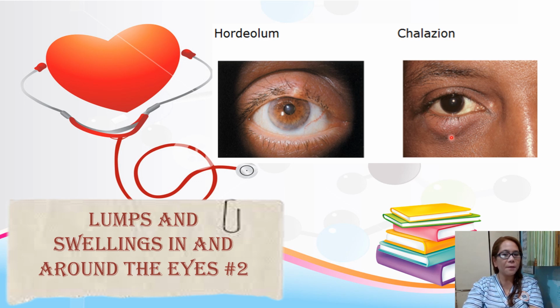It is a subacute and usually painless nodule involving a meibomian gland, your oil gland. Unlike the stye or the hordeolum that usually points outside the lid, the chalazion is inside the lid. Nasa loob siya, di ba? Yung hordeolum, ayan, o nasa labas siya. So, inside the lid.